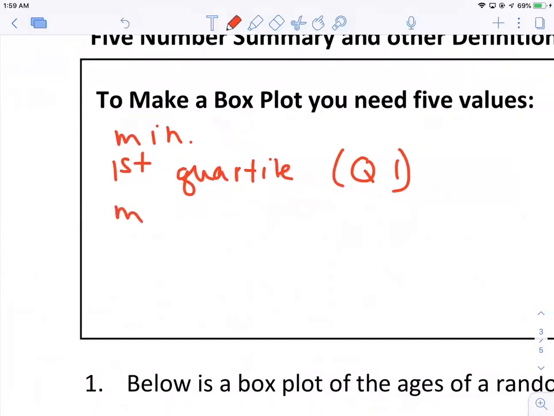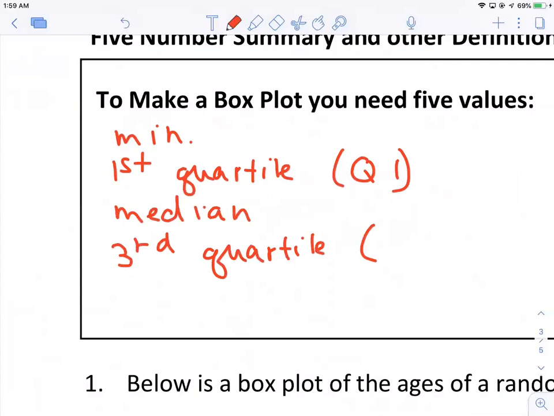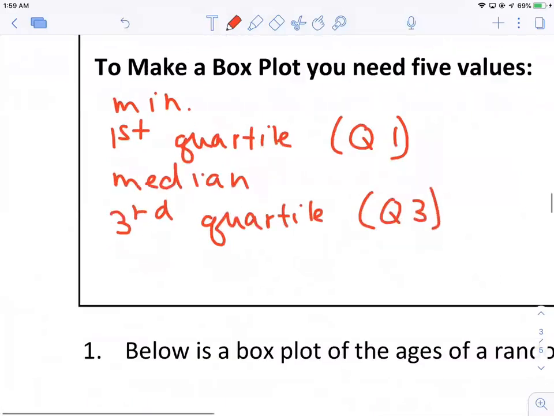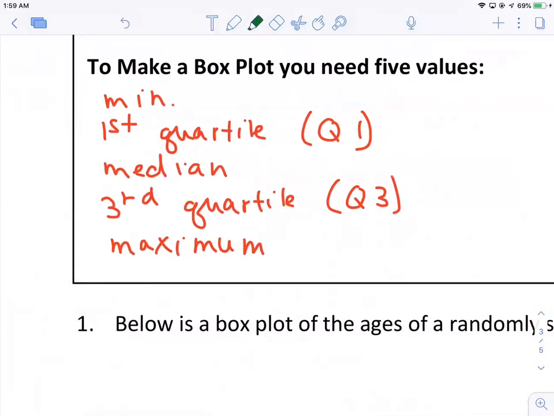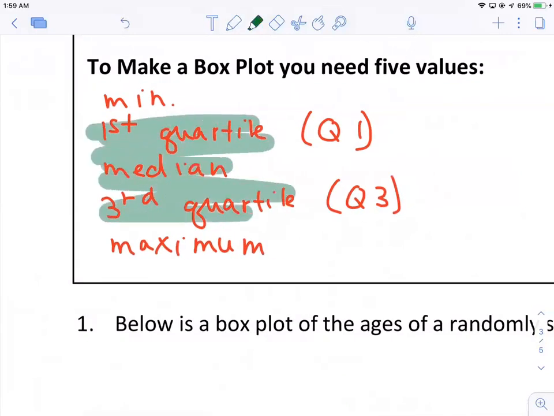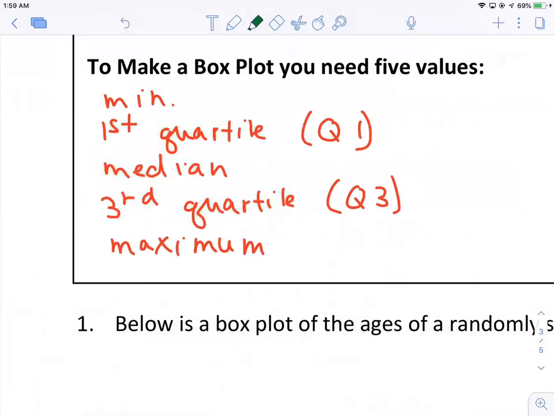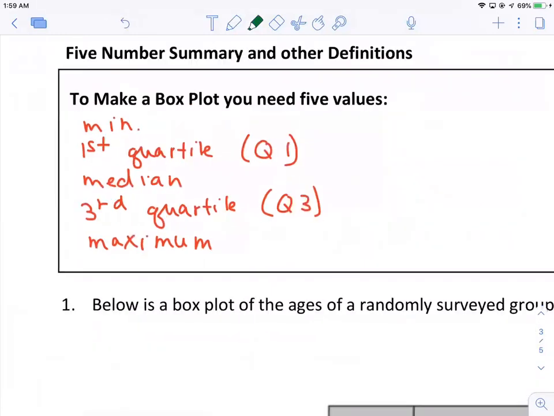You need the median. You need the third quartile, and we're going to abbreviate that as Q3. And you need the maximum value. These middle three involve a tiny bit of calculation, but we're just putting stuff in order, getting the middle value, looking at the lower half, getting the middle value, looking at the upper half, getting the middle value.